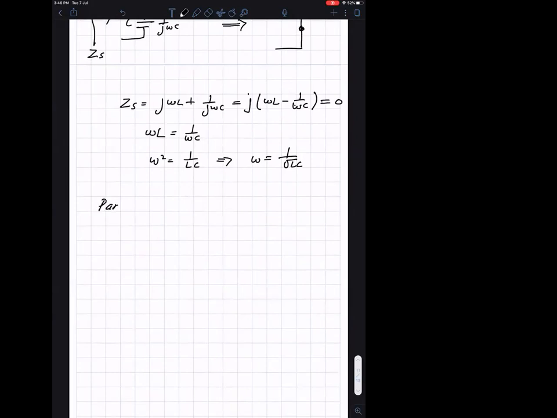Next, we also have a parallel LC resonance circuit. The tank circuit is based on this concept. We will look at that later.